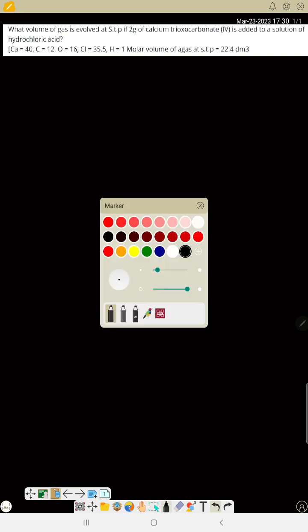So you have calcium, and you also have carbonate, that is CO3. Remember, CO3 has a charge of 2 minus, so the valency will be 2. Also, the valency of calcium is 2.